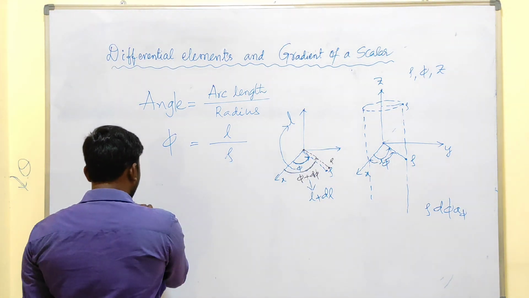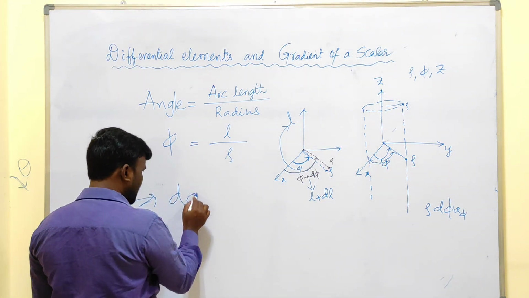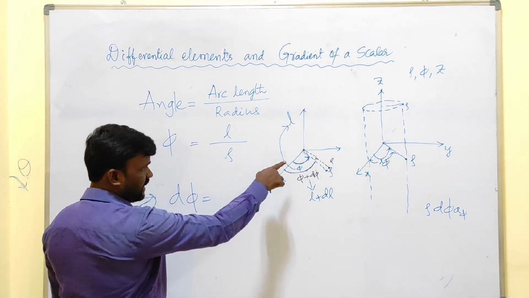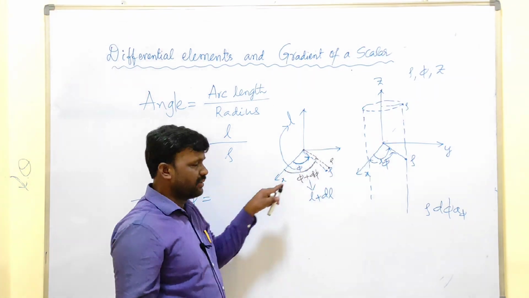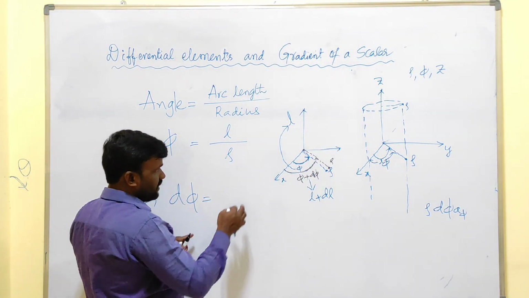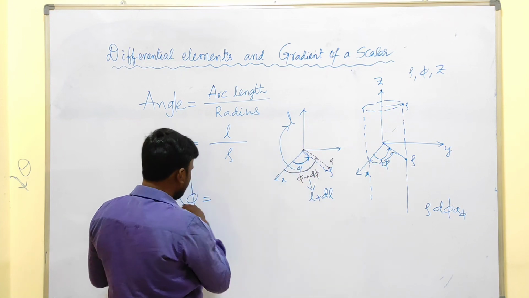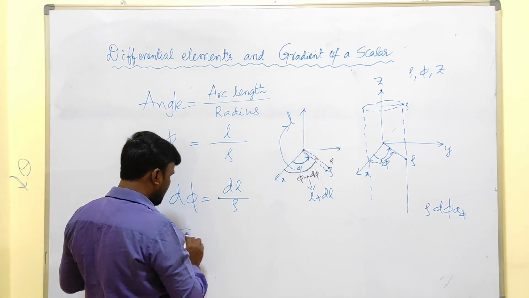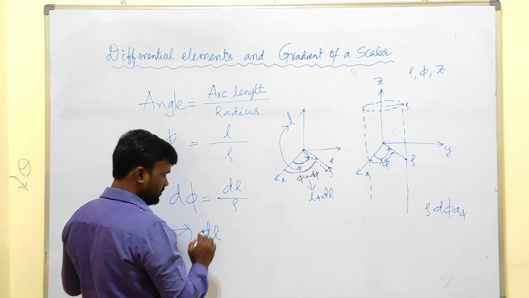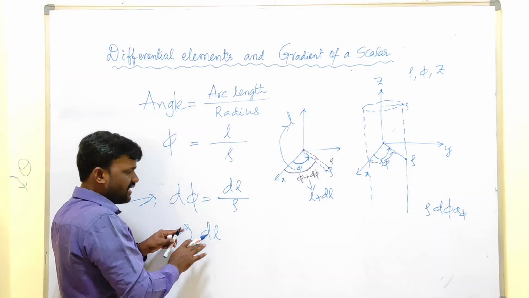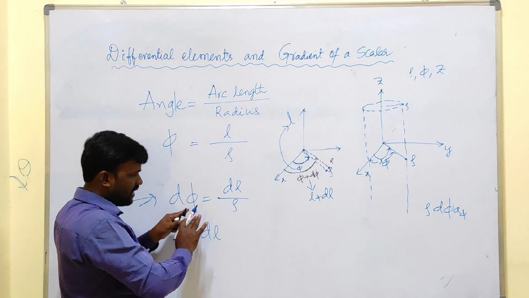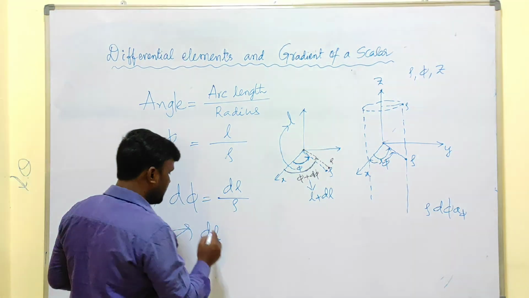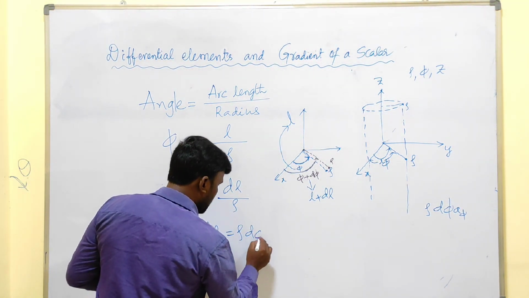If there is a change in the angle, it may be increased or decreased. Here we consider the increment case, that is d phi equals dl by rho. So dl equals what? Just dl, that means a differential element along the phi direction. It is not the entire displacement. dl equals rho d phi.